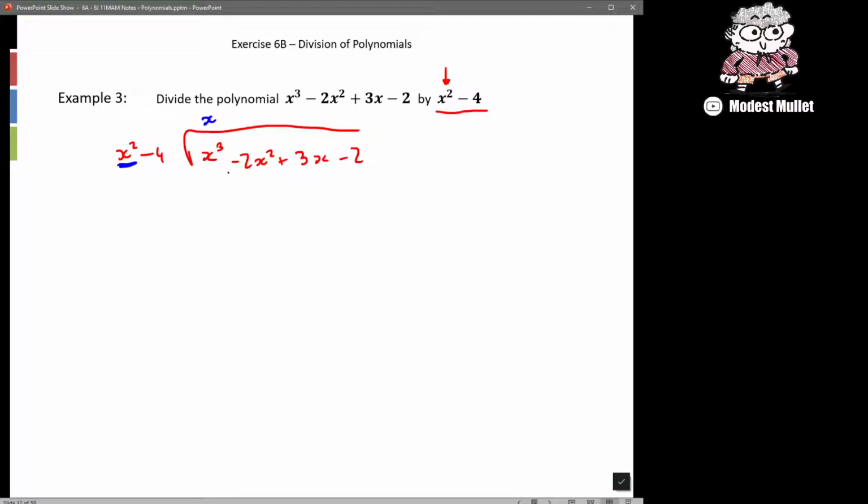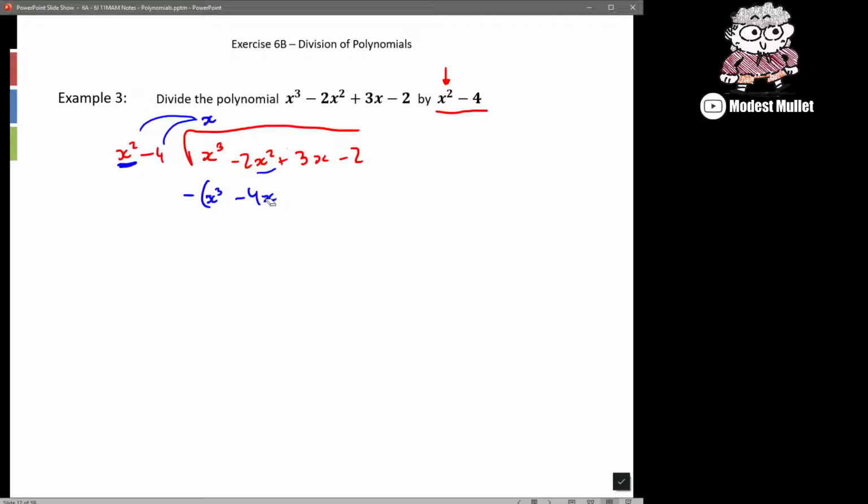Well, that leaves me with an x, so now I'm going to multiply that by everything in front, and I get x cubed, x times negative 4, so I get negative 4x.